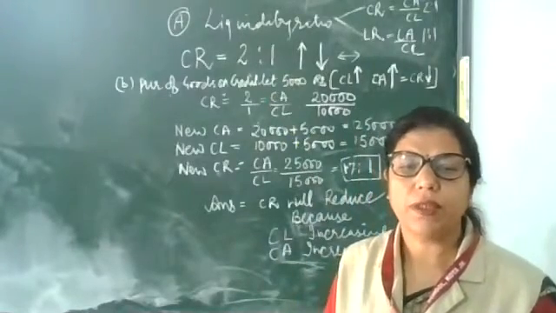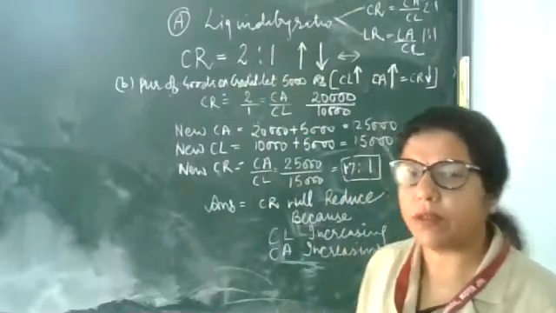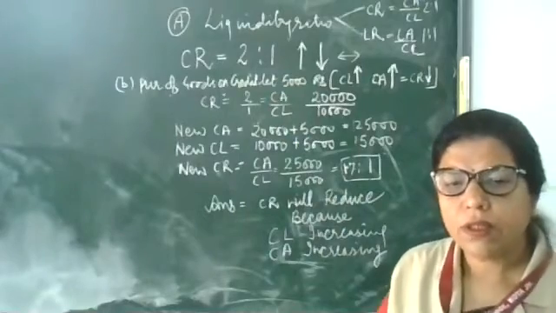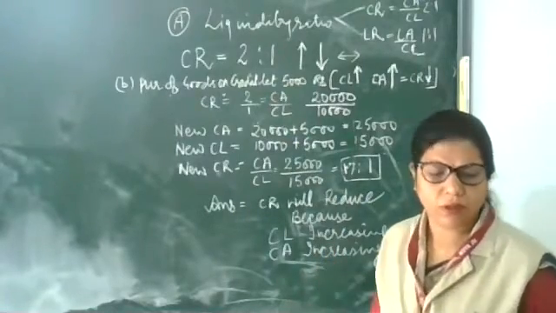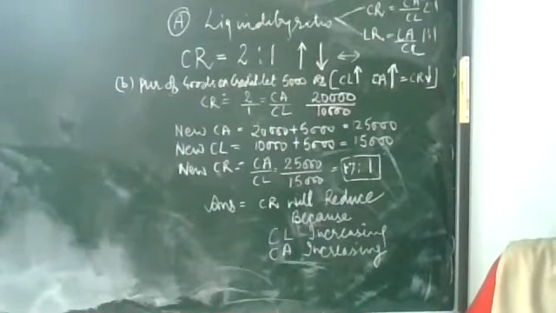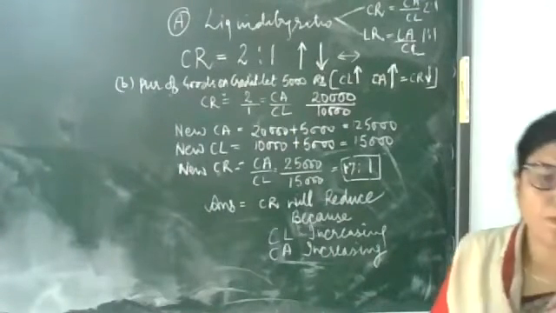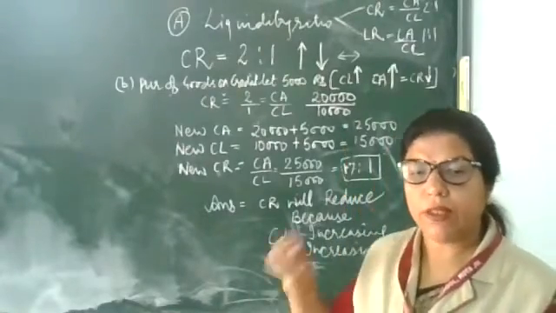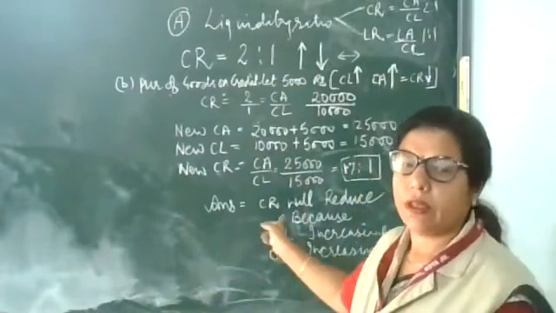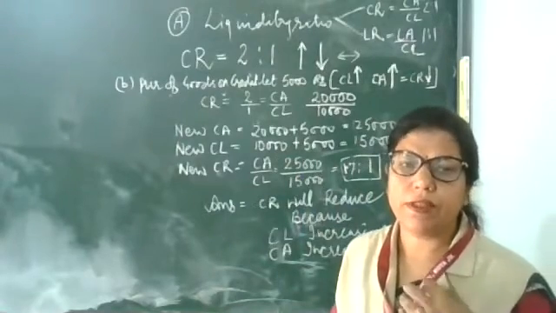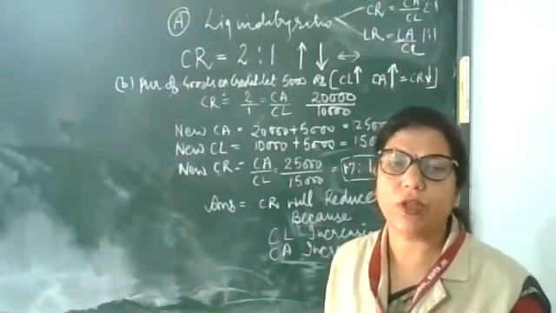It is reducing because CA and CL both are increasing. Note down the reason, note down the conclusion. So in the first example, we have learned that current ratio increases. Here current ratio decreases.